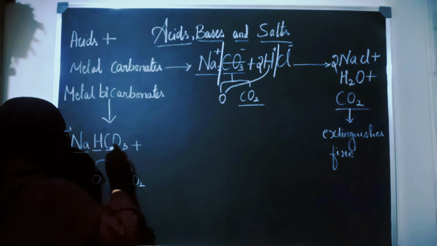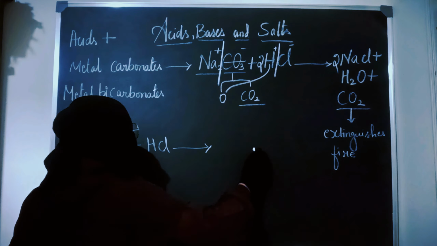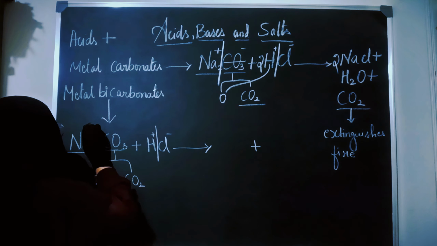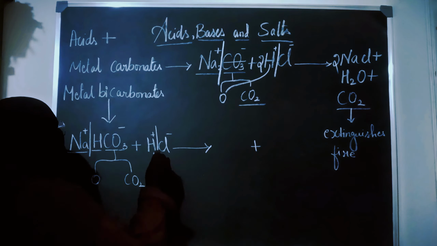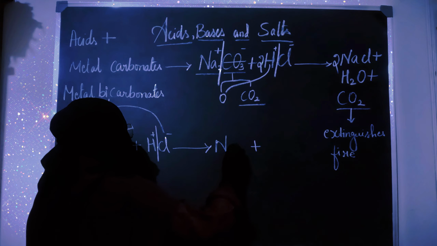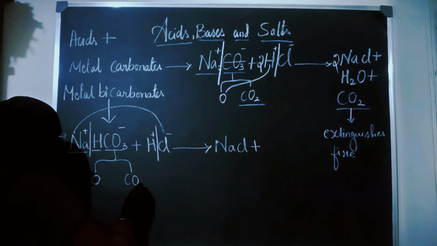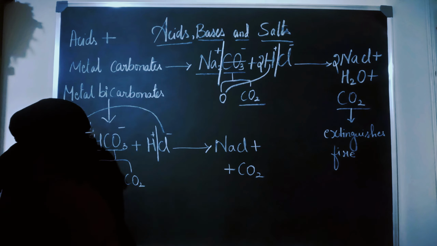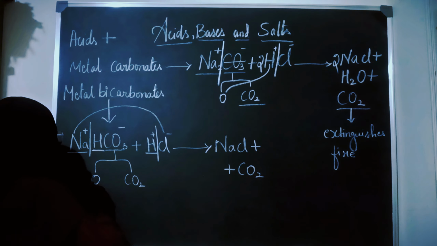If I make this compound react with the acid, which dissociates into H plus and Cl minus, and Na plus and HCO3 minus, the cation will react with the anion, leading to the formation of a salt called NaCl. Then CO3, which is broken into CO2 and O, gives out CO2 as a gas which can extinguish the fire, and the H combines with H and O, leading to the formation of H2O.